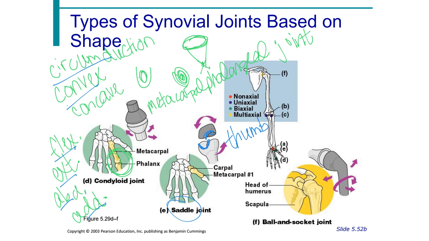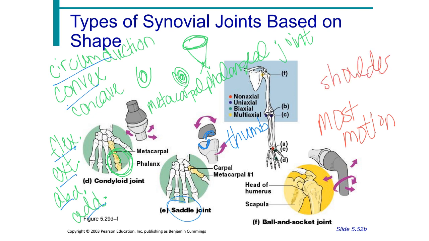Our last one here is a ball and socket. Ball and socket allows for the most motion. It does sometimes sacrifice stability for motion. For example, shoulder and hip are our two big ball and socket joints. The hip is much sturdier because the socket is much deeper for the head of the femur to sit in.